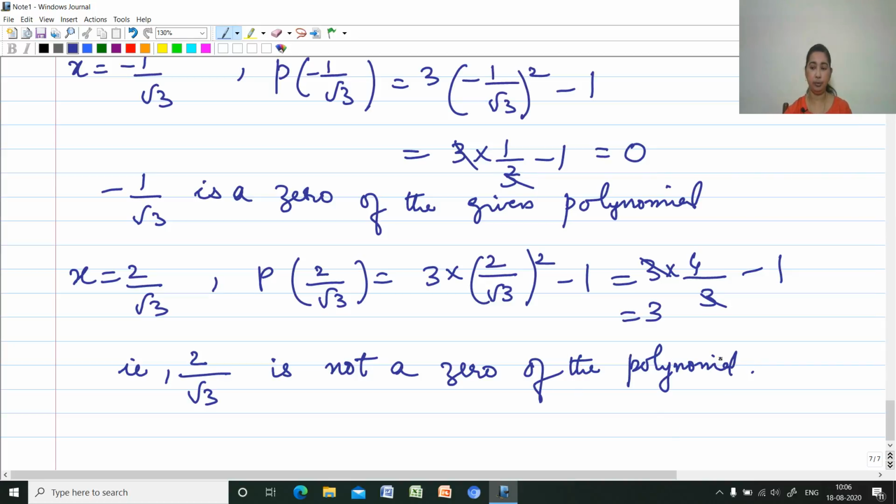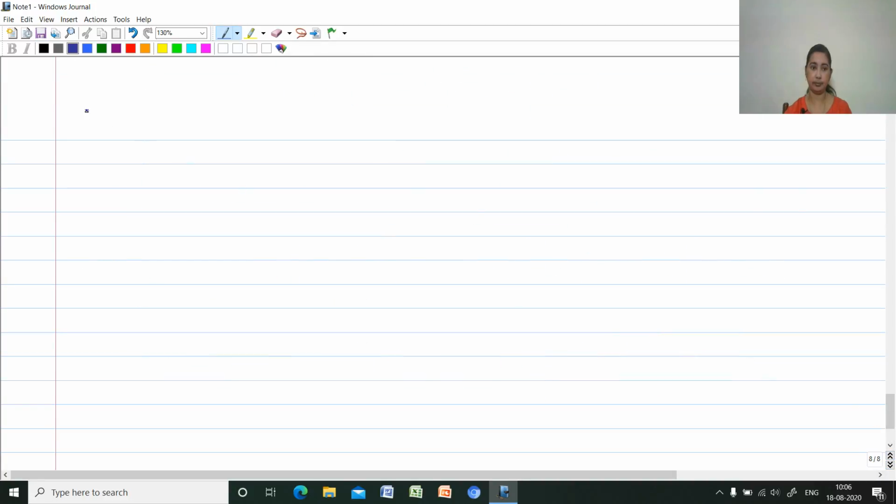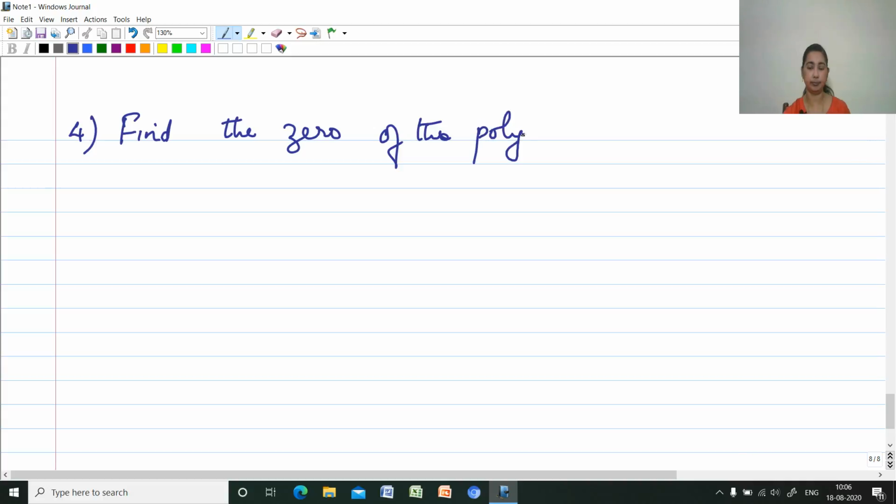Okay, then the fourth question there. Find the zero of the polynomial p of x equal to x plus 5.